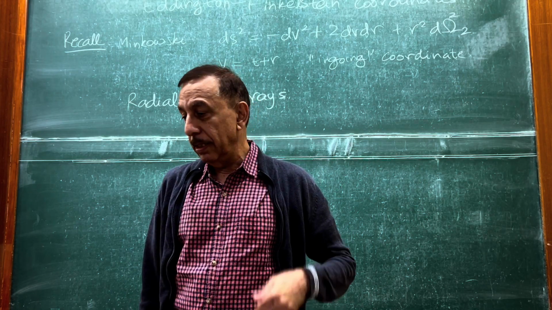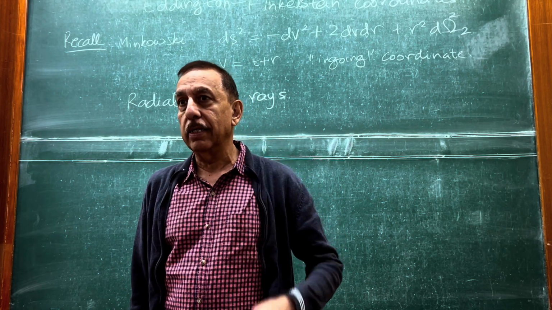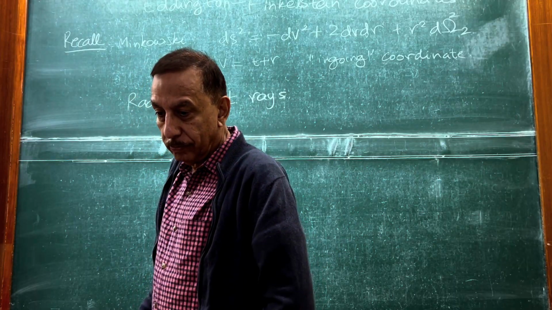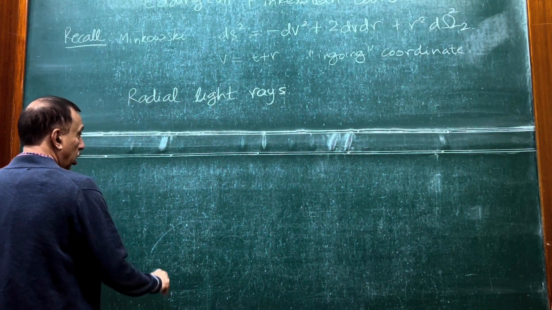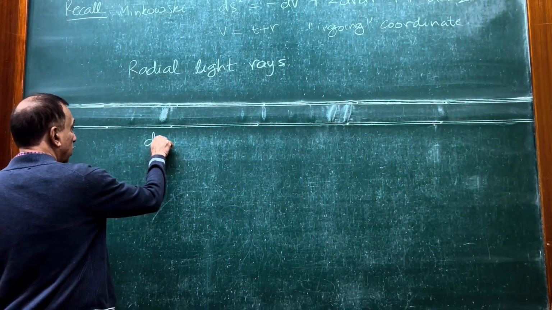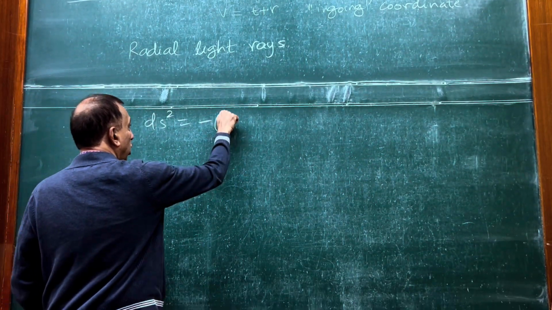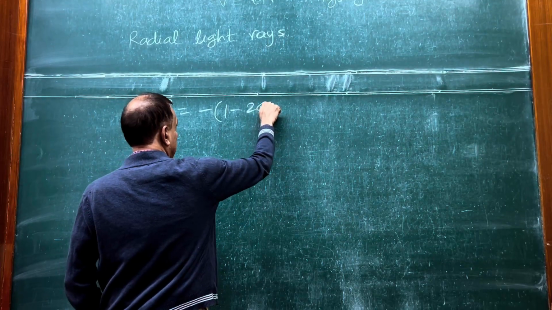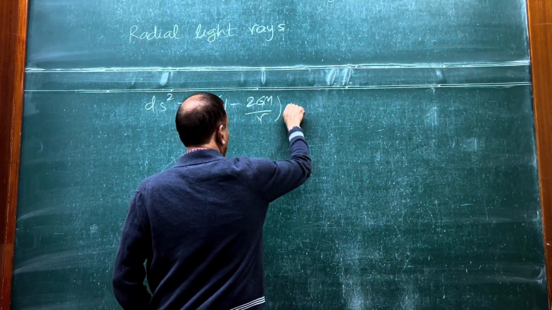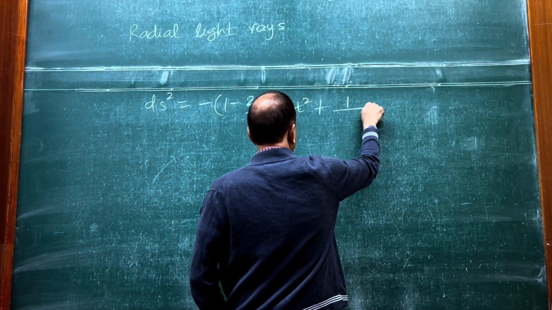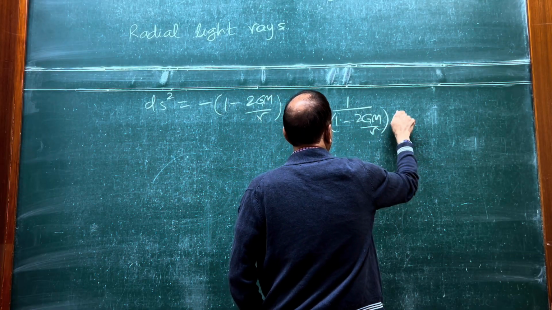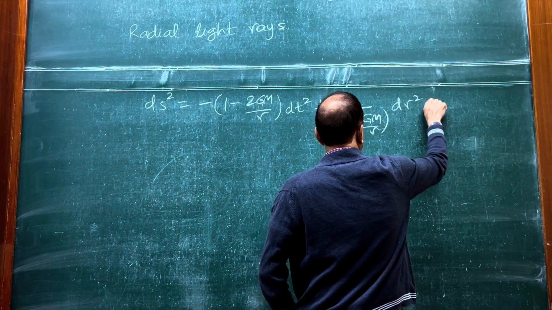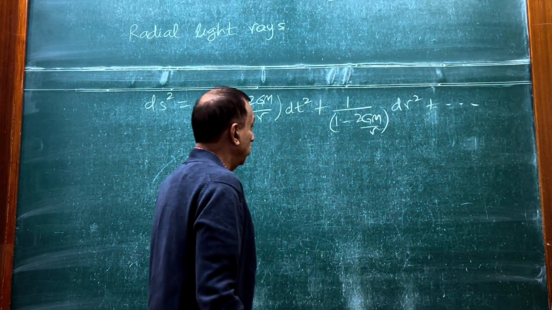If it's radial, then of course in the metric d theta and d phi are 0, and so in the usual coordinates, where we already showed that the metric is this, I need not write the rest of it.